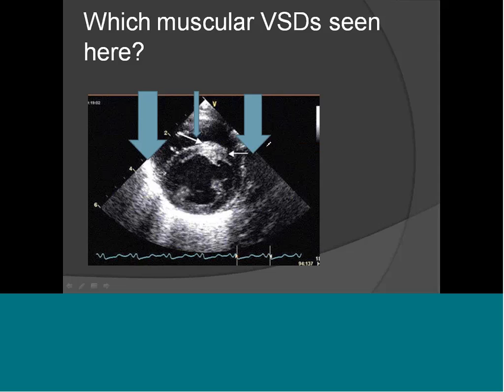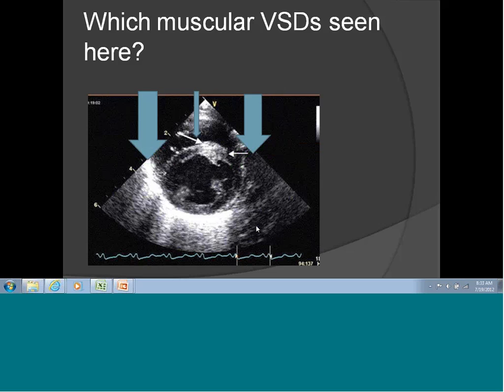Let me see here. All agree on that? So that is not inlet, by the way. Why do you say inlet? See, in a short axis view, remember your AV valve is somewhere this side. Your pulmonary valve is somewhere this side.